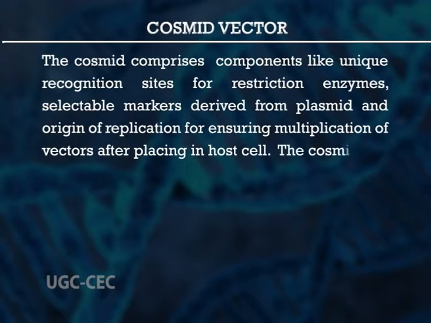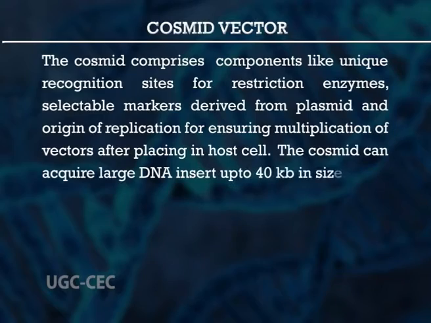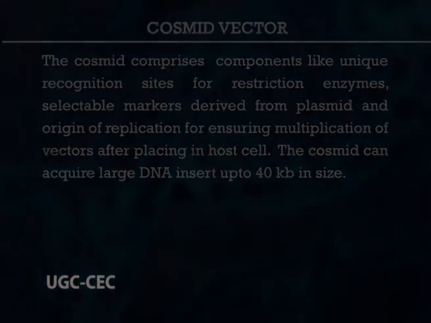The cosmid can acquire large DNA insert up to 40 kb in size. The packaged cosmid infects host cells like lambda particles, but they propagate like plasmid when inside the host cell.